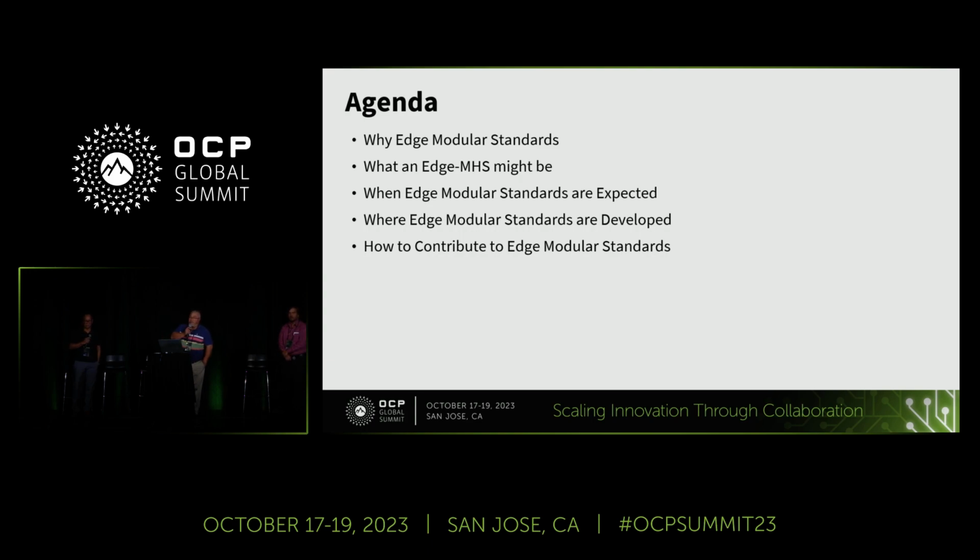In addition, we're going to talk about when we might expect some of these things to become available, and then where and how they would potentially be developed, at least our proposal for that. Then we'll give you an idea of where you can contribute and participate in some of these work streams and efforts. Do you all have anything you want to add?